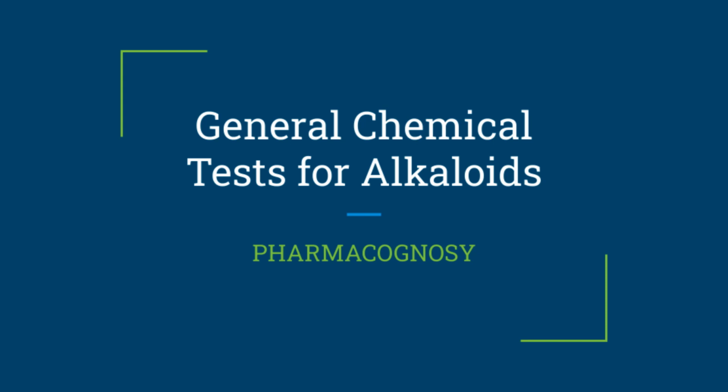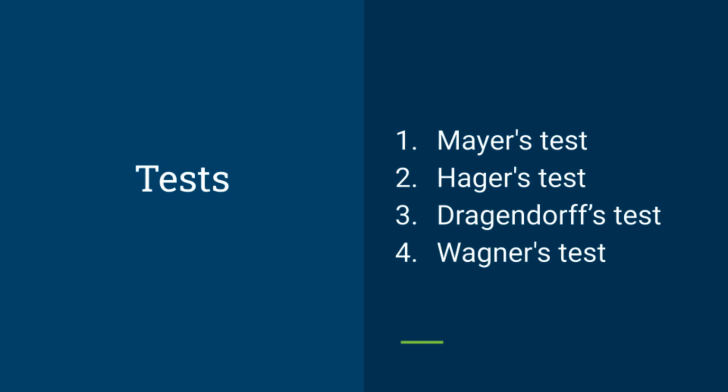General chemical test for alkaloids. This is an important area. In many competitive exams, the reagents used in different tests for alkaloids are asked. Initially, let's see the chemical tests used to identify alkaloids.